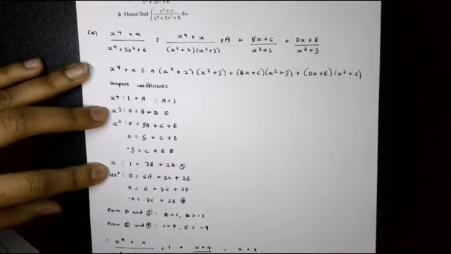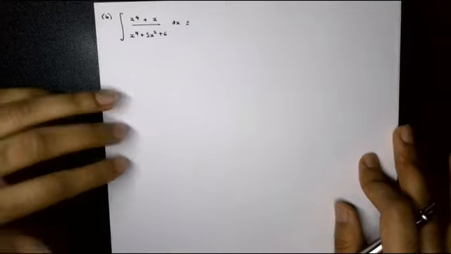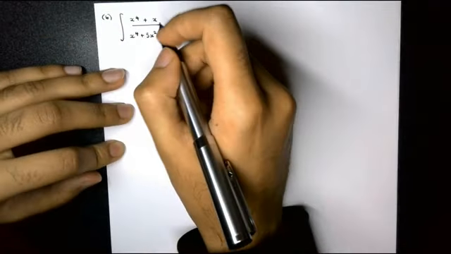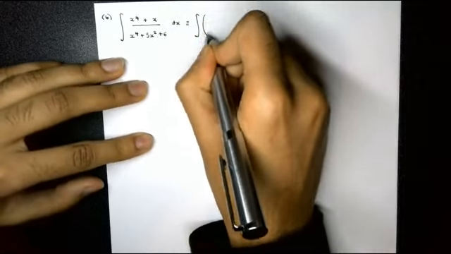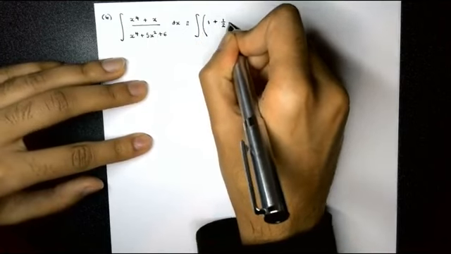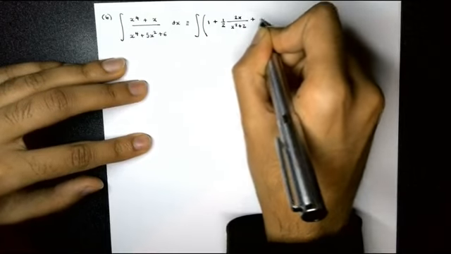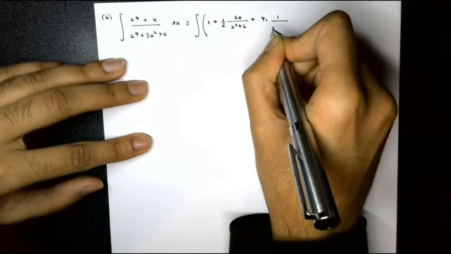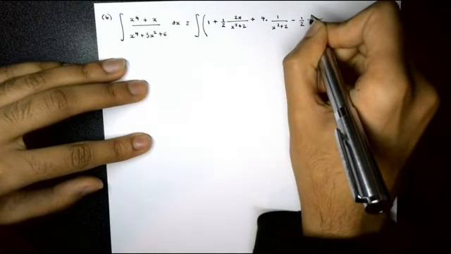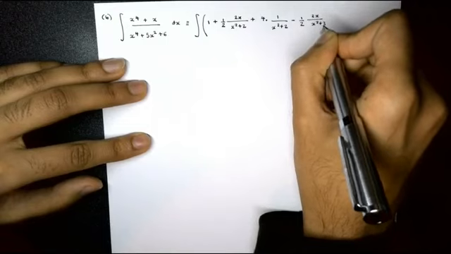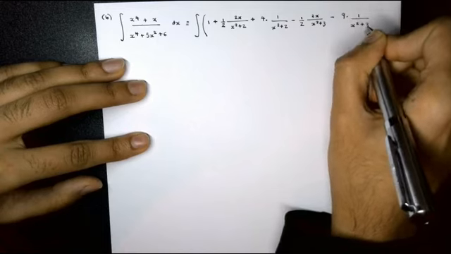So now for part B, when we come to find the integral of this result over here, you can hopefully see that this integral is equal to the integral of 1 plus 1/2 lots of 2x over x squared plus 2 plus 4 lots of 1 over x squared plus 2 minus 1/2 lots of 2x over x squared plus 3 minus 9 lots of 1 over x squared plus 3.